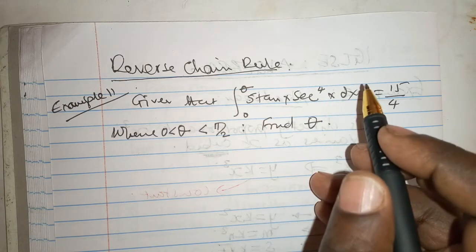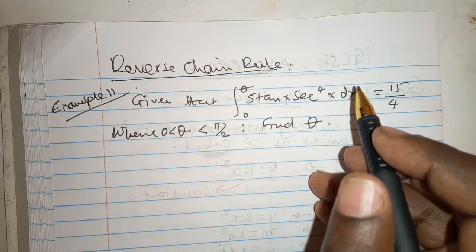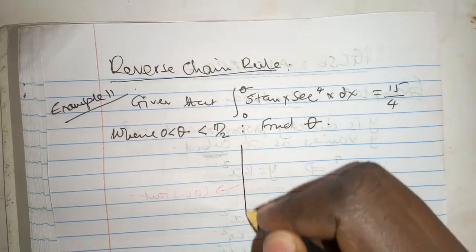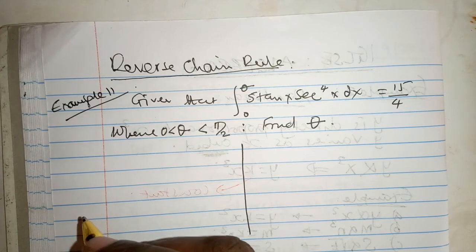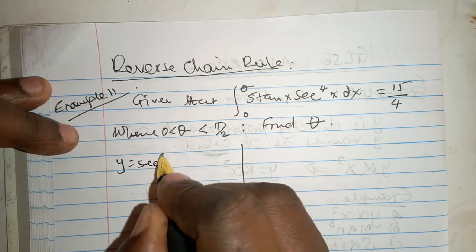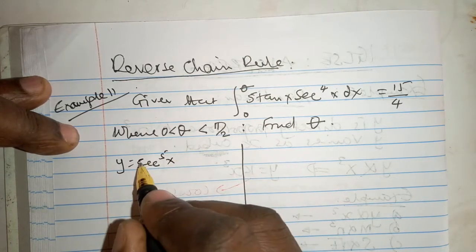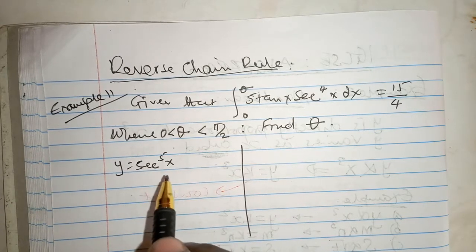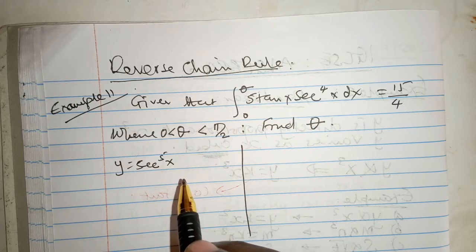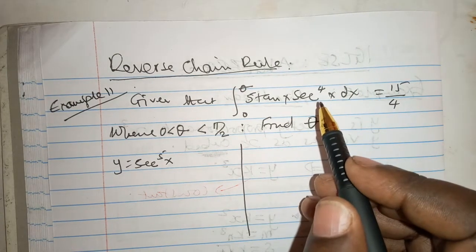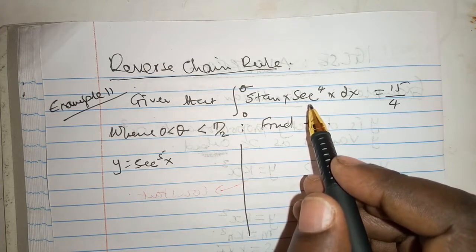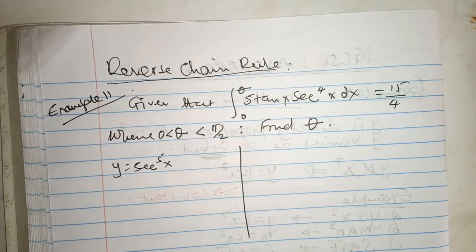If we literally apply what we have learned in example 10, we are supposed to say y equals sec 5 of x. Please remember, this is not going to work for us, but I just want to show how we are likely to make mistakes if we do not foresee a problem here, because the derivative of sec x itself is tan x sec x.